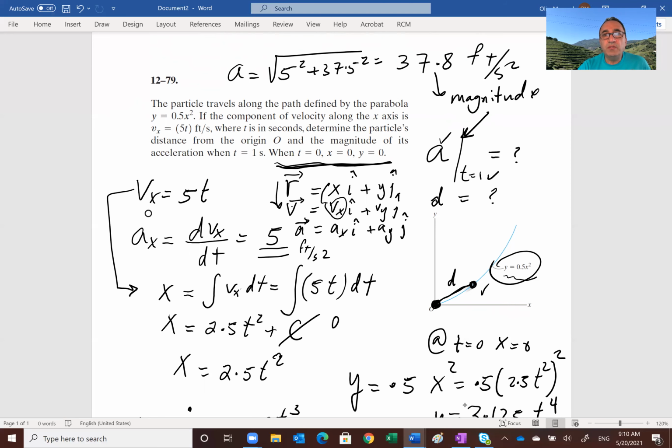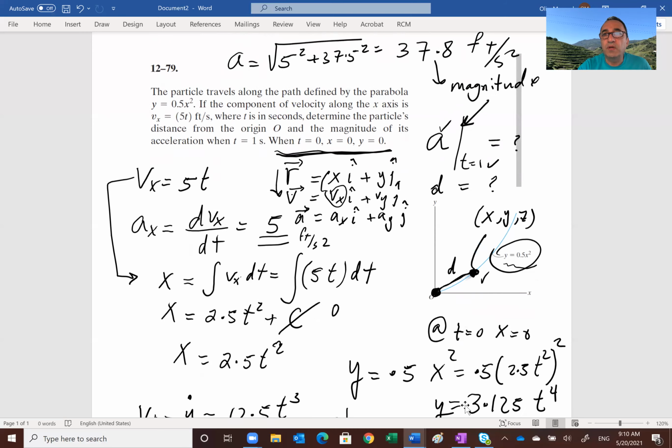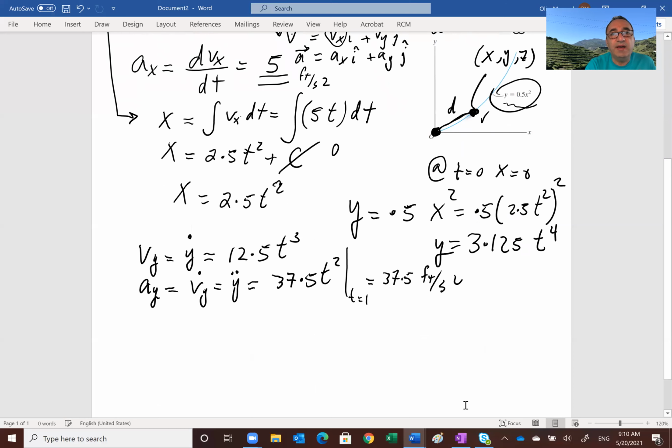All right, guys, what about this part? Find the distance. In order for me to find the distance between 2 points, I need to have the coordinates, the x, y, z at that time, at t equal 1. Well, look, guys, we already have x as a function of time. At t equal 1, x is 2.5 t squared.